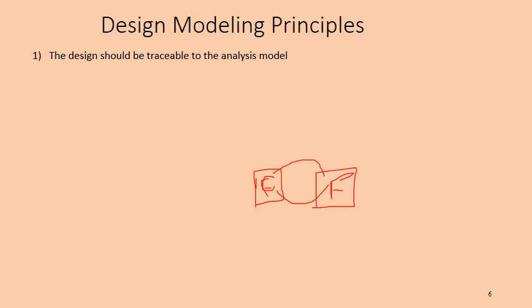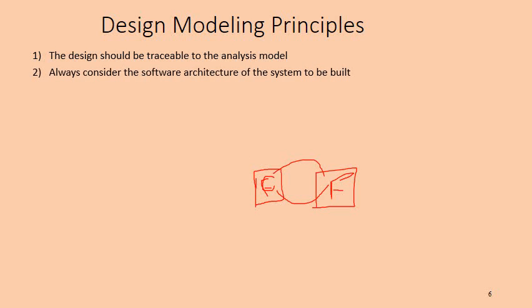In object oriented programming we use one term, that is the class. So in the design part, we make the design, and we represent it by making the class model. We will learn everything about how to make the class model. So this way your design should be traceable to the analysis model.